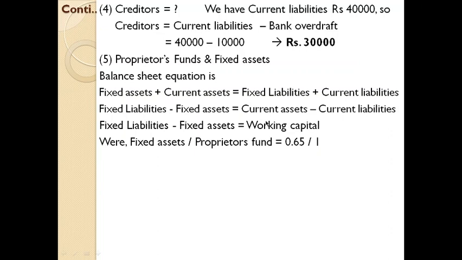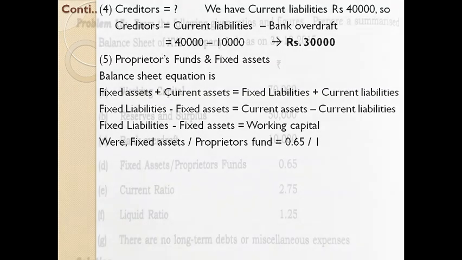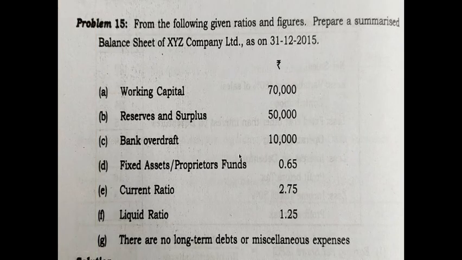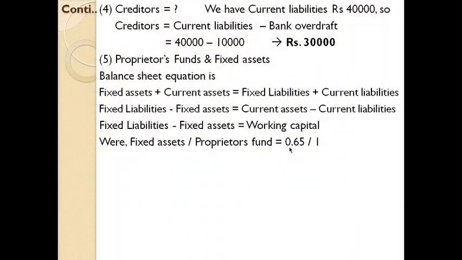And in the question it is said that fixed assets to proprietor's fund is 0.65. It means 0.65 by 1. That is, if proprietor's fund is 1, fixed assets will be 0.65.